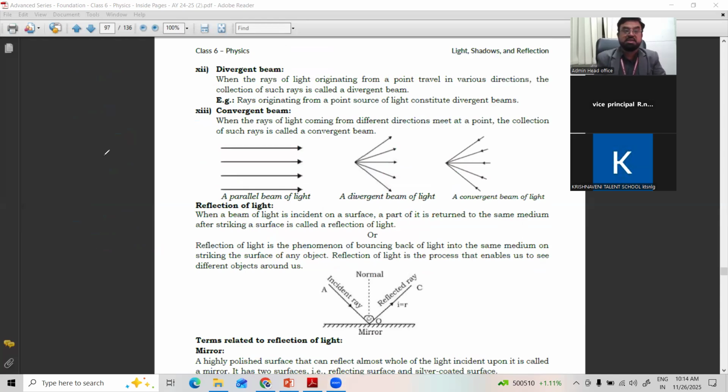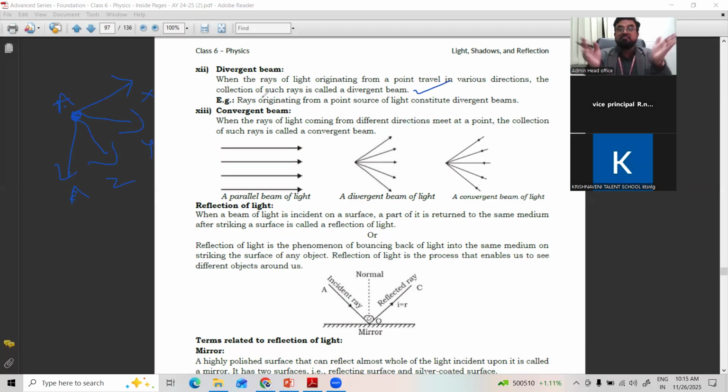Then the continuation. Divergent beam of light. Divergent means all the rays start at one point and spread into many directions. They are diverging, starting from the same point and moving in different directions. They are called a divergent beam of light. So, when rays of light originate from a point and travel in various directions, the collection of such rays is called a divergent beam.